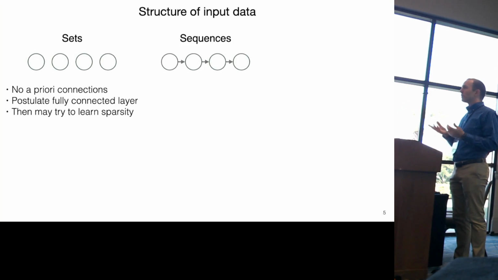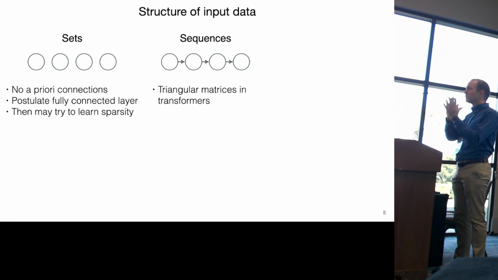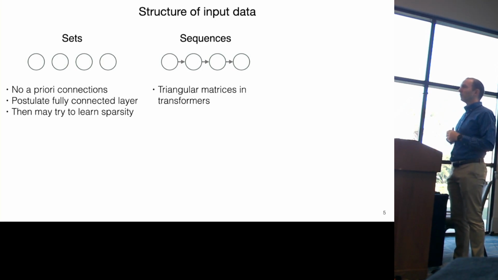Or you may have a sequence, like in the language models, and then maybe you can take advantage of that sequence structure, that words follow other words, to improve the computation a little bit. Maybe you have a transformer with a triangular matrix, so you cut out some computation, so you're not looking forward. The words are only connected to words coming before, for instance.